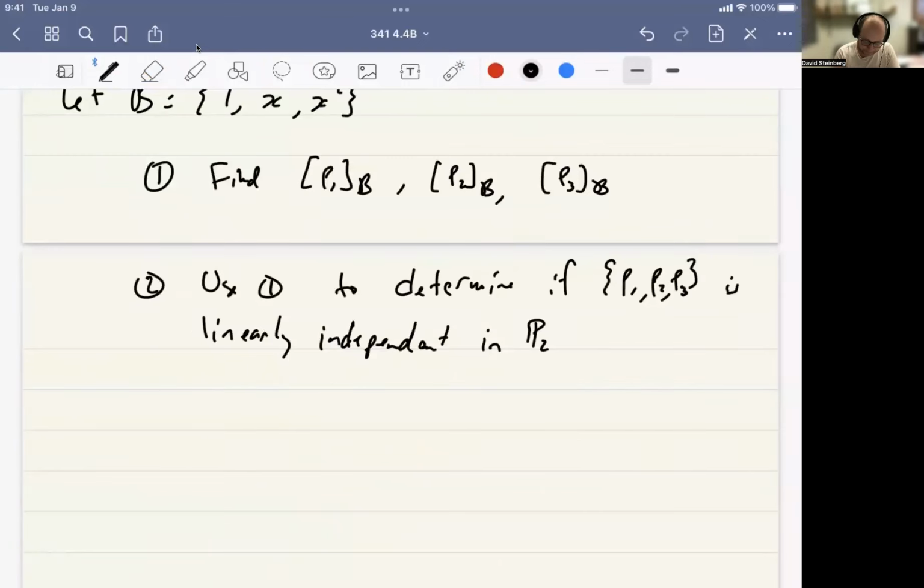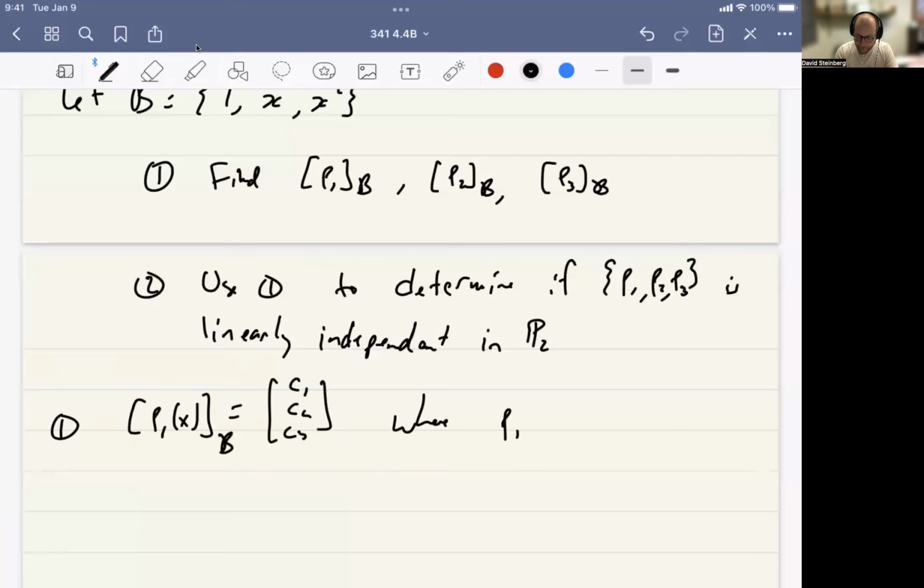Okay, so what do we know? Well, for the solution, we know exactly what these coordinates are. This should be like C1, C2, C3, where we want P1 of x to be C1 times our first basis vector, 1, plus C2 times our second basis vector, plus C3 times our third basis vector.